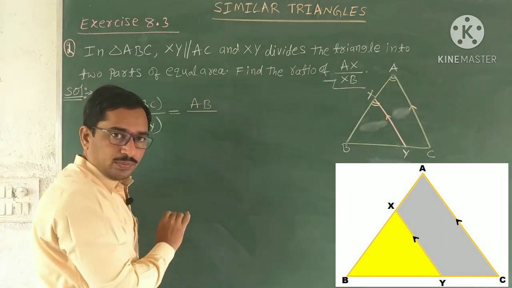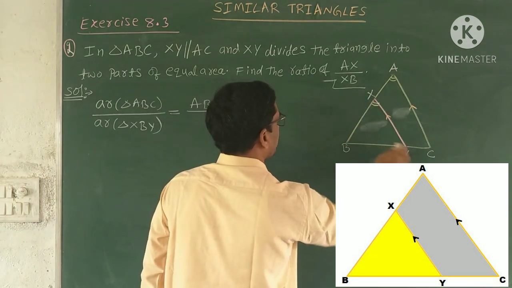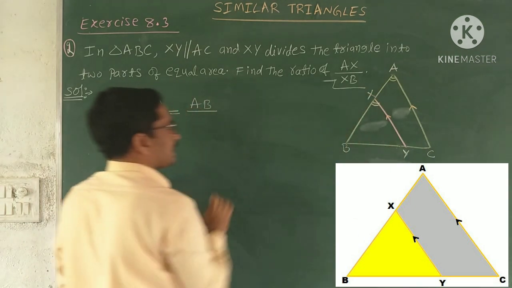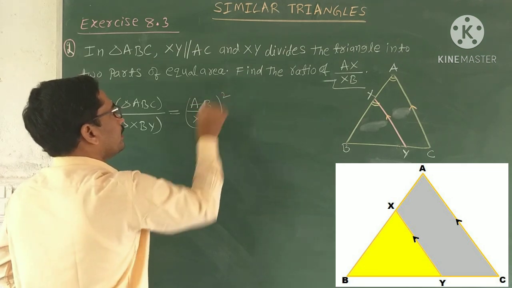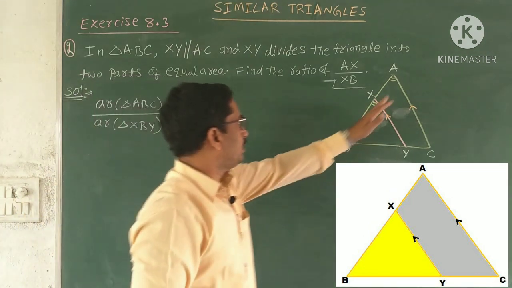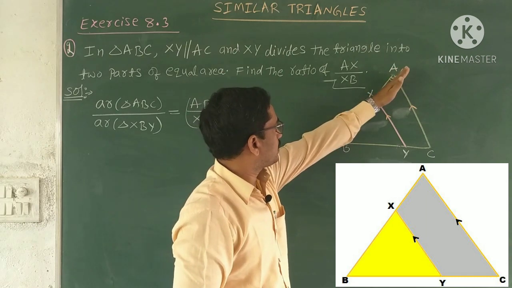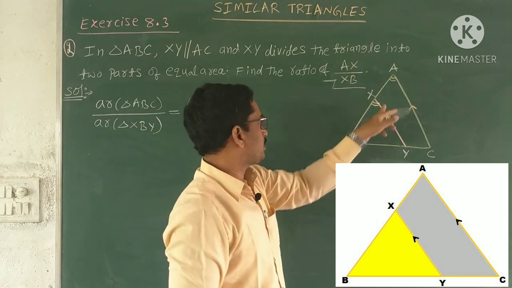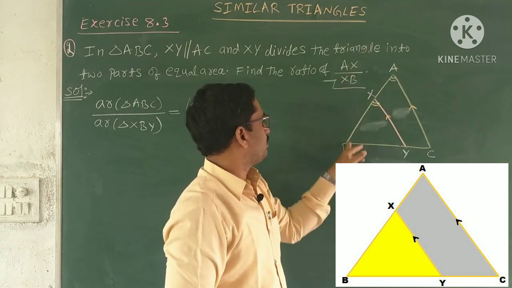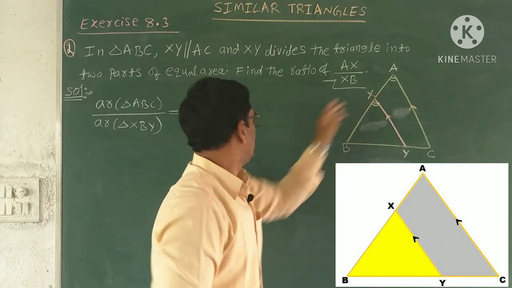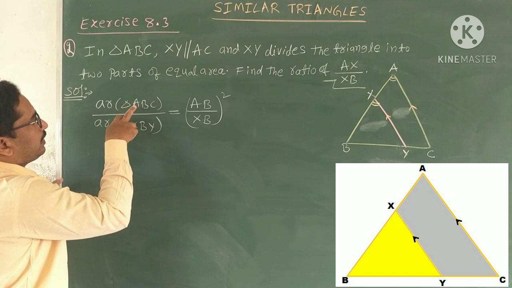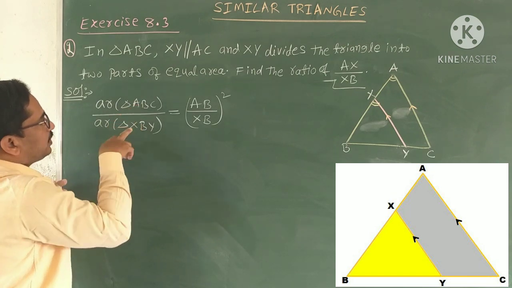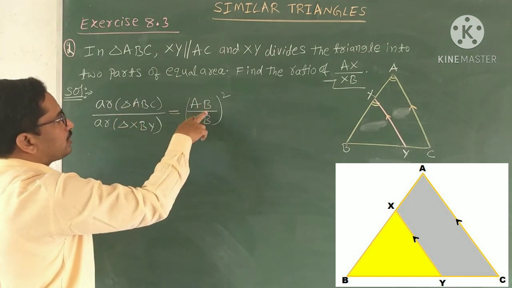In triangle ABC, I am selecting the side AB, and its corresponding side in triangle XBY is XB. So AB by XB, whole square.